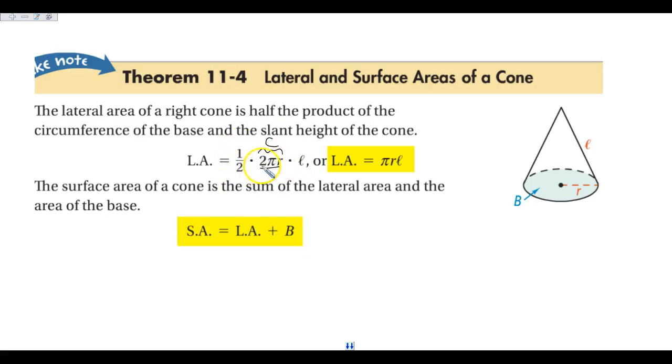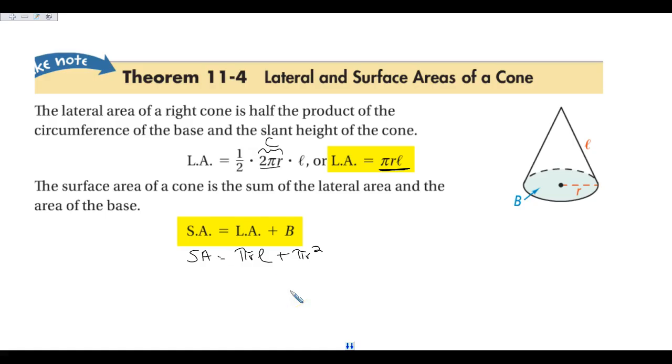Well, half of 2 is just 1, so we can say that our lateral area formula is pi rl. And then again, we're going to add in the area of the base. So you may want to write down pi rl plus our area of a base, which is a circle, so it's going to be pi r squared. Okay, so that's going to be our surface area formula that you're going to see me use a whole lot, pi rl plus pi r squared.